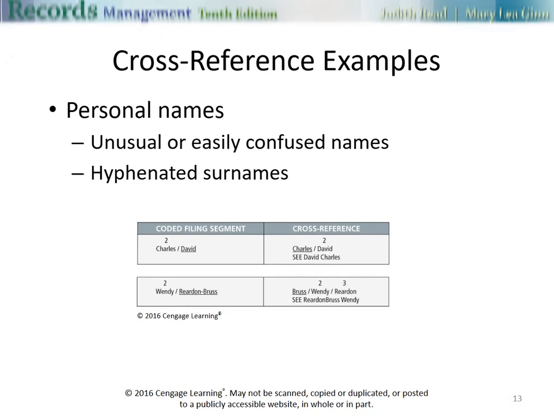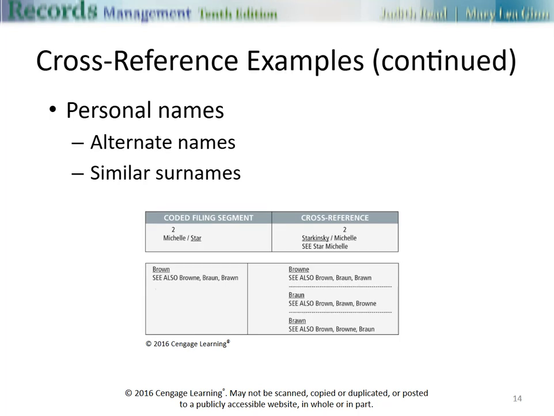And so hopefully you can see just from these past two examples why we use cross-references. It's because we might not know the exact name, but that cross-reference sheet that we create will always refer us back to the original document or record.